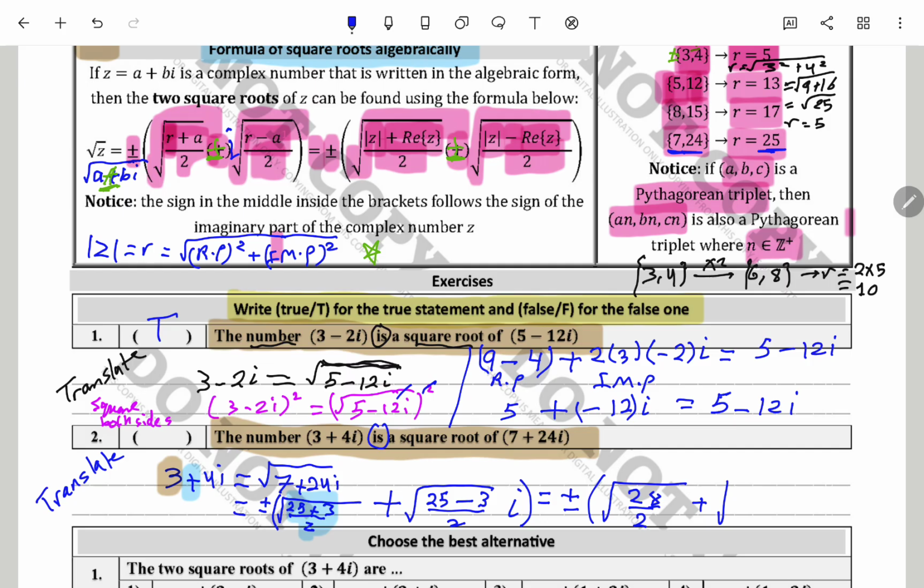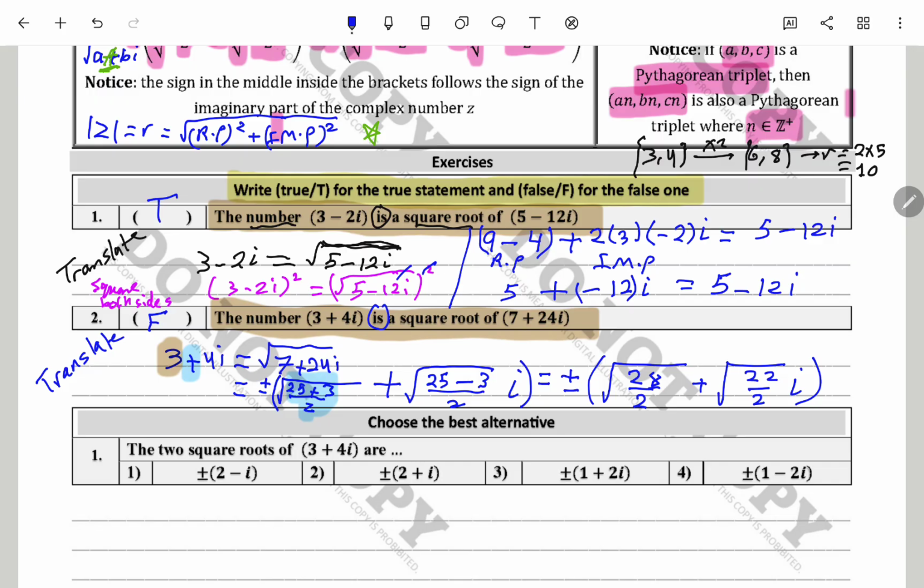Here plus the square root of 25 minus 3, which is 22 over 2, and then i is outside the bracket. That will give you something different than 3 plus 4i. So because of that, the statement is false.